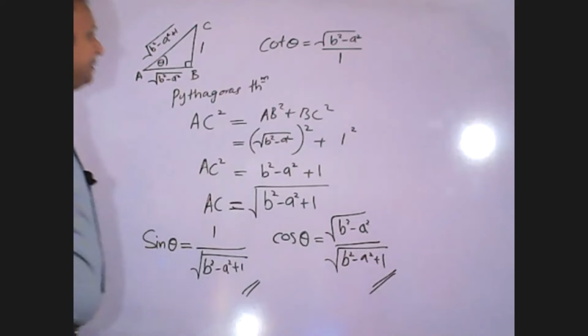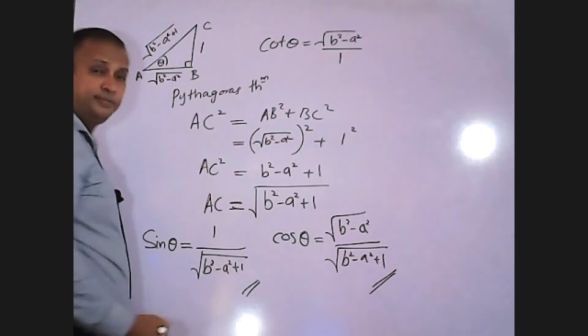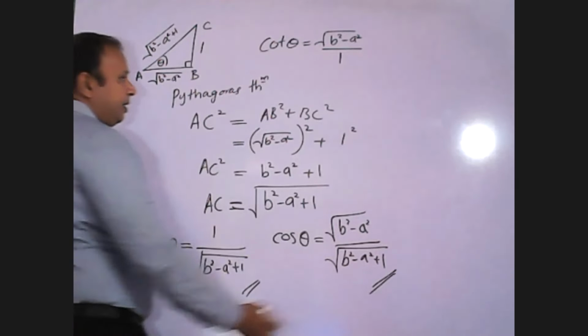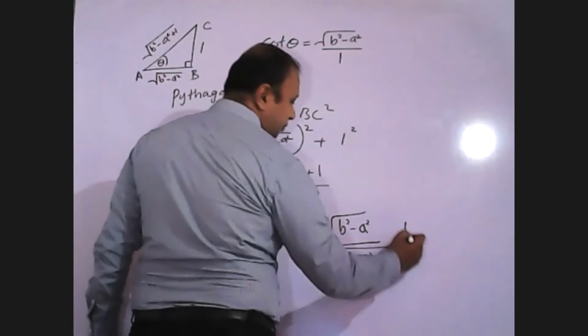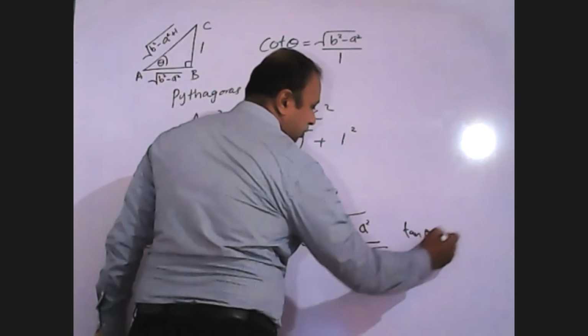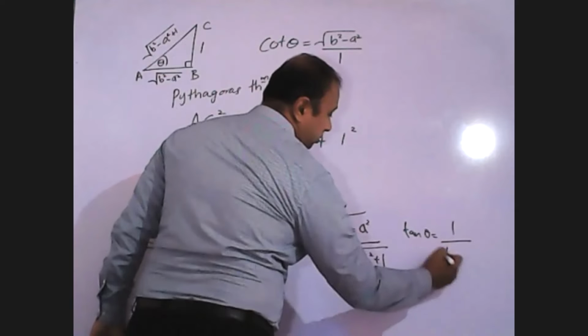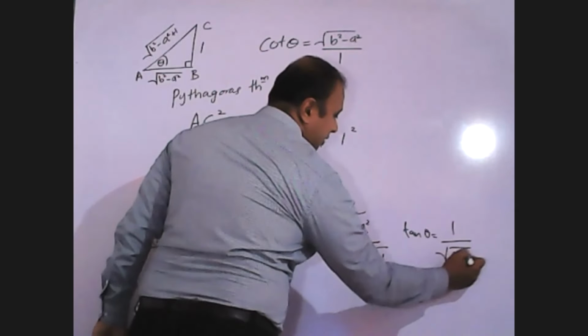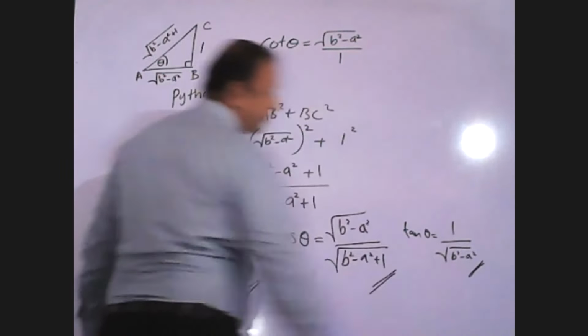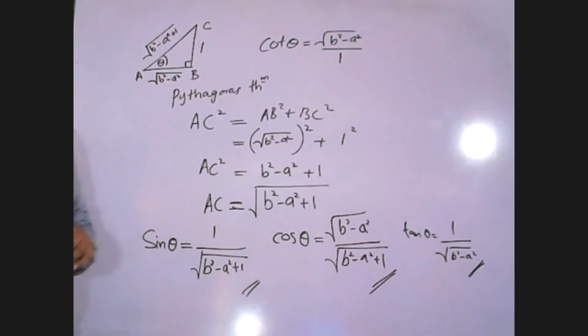Tan theta is the reciprocal of cot theta, so tan theta is equal to 1 over the square root of b squared minus a squared.